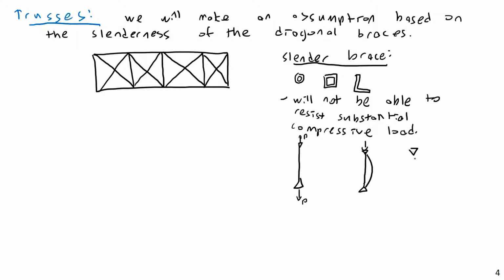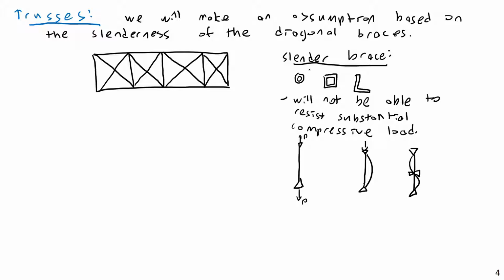Or if you brace it at the middle, it will instead buckle in more of an S shape, like so. This also depends on your support conditions, whether you have a fixed column or whatever it might be. But the point is that under compression, columns will tend to buckle rather than be pushed apart under full yield stress.